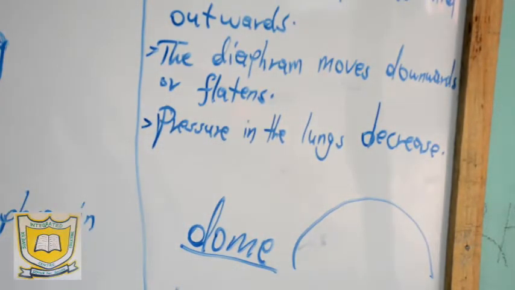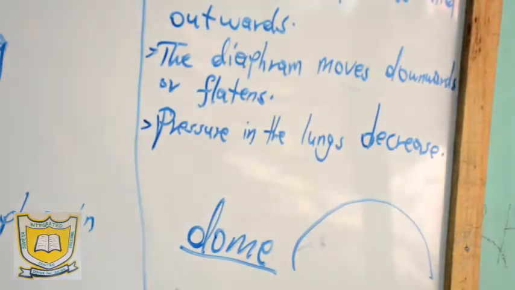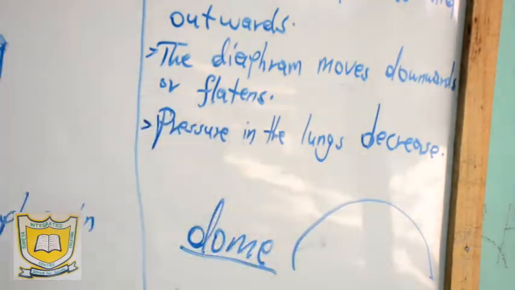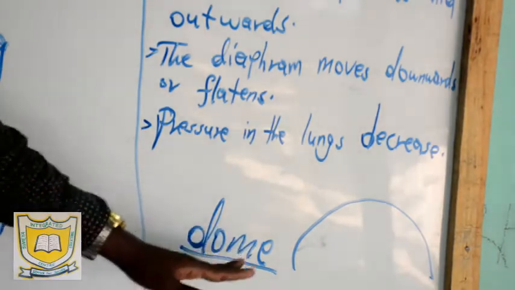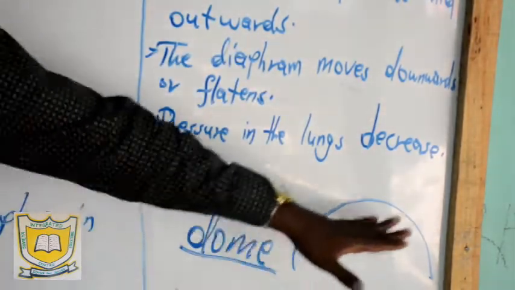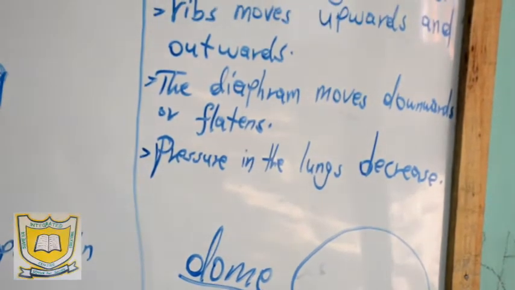So this diaphragm, which is dome shaped, as you breathe in, the space that is created forces the diaphragm to move downward, or we can say it flattens, because of the space that is created in the lungs.